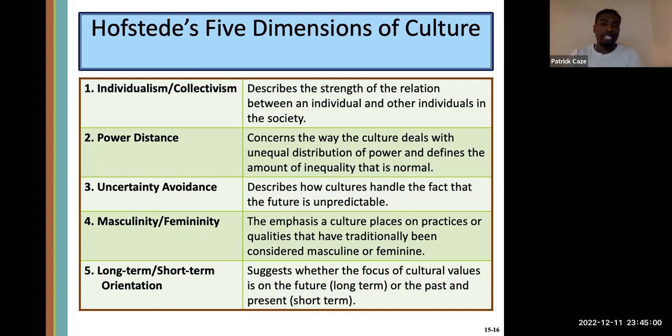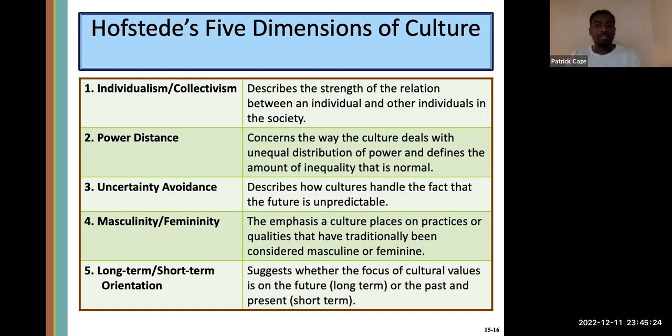So individualism and collectivism, if we think about that, right, is the country a more individual state? The individual culture, right? Is it more about me, and then my success will lead to everyone's success, or is it about collectivism where we care about the group more than just the individual, right? So it describes the strength of relation between the individual and other individuals in society.